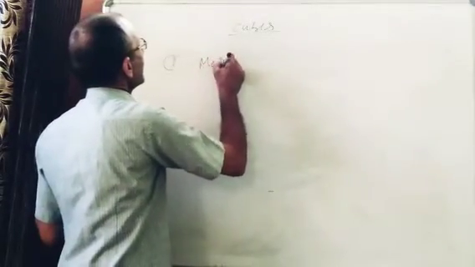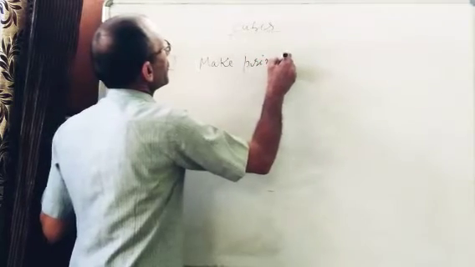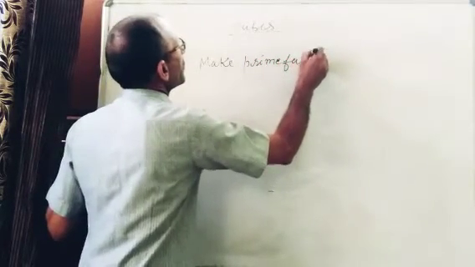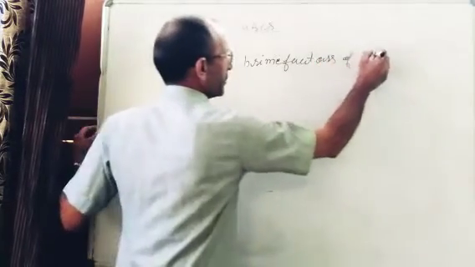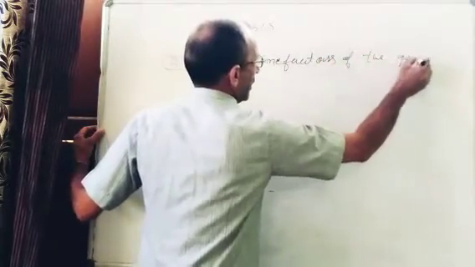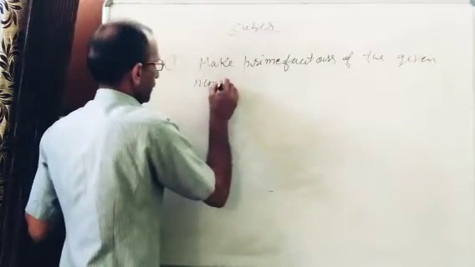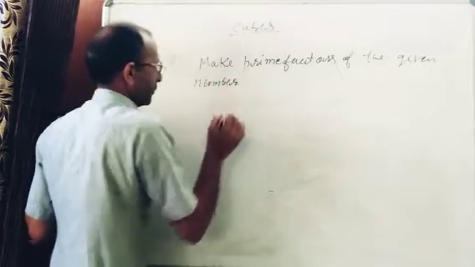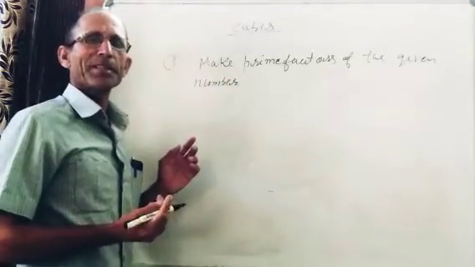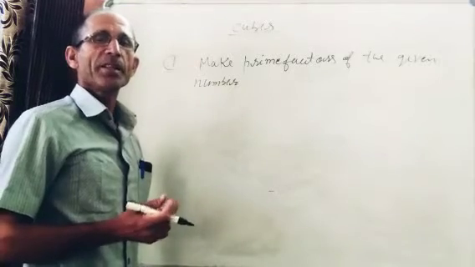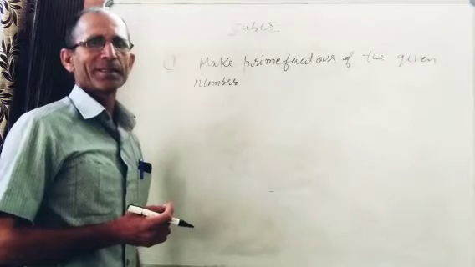Make prime factors of the given number. Understood? You already know what are prime numbers. The numbers which are divisible by 1 and itself are called prime numbers.